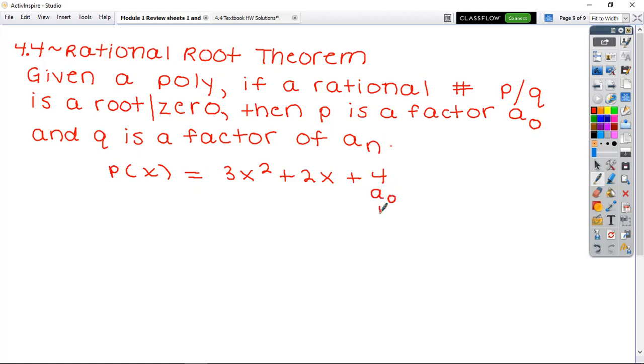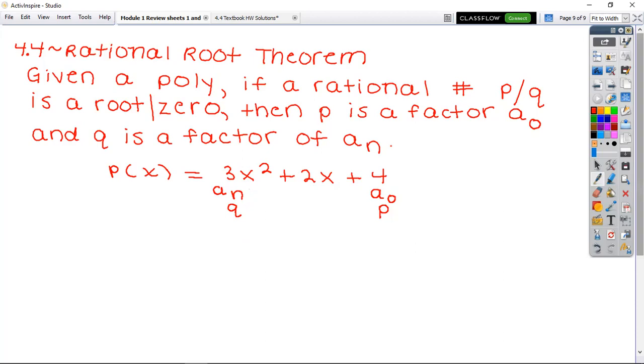So this is always going to be your P. And what you'll be doing is you'll write out factors of P. Then up here, my 3 is the coefficient of my leading term. So that is a sub n. And that we represent as the letter Q. So those are the two numbers that we're going to pay attention to today.